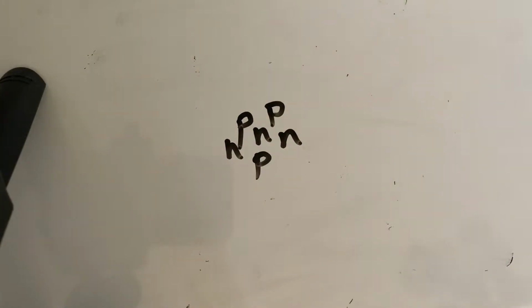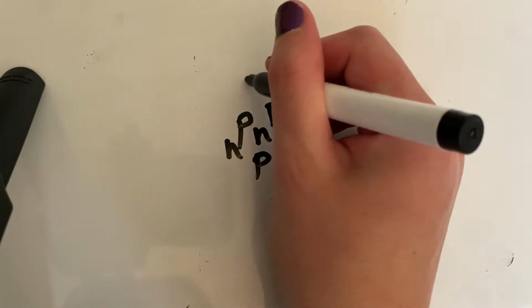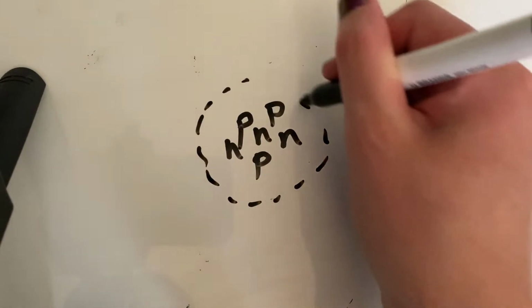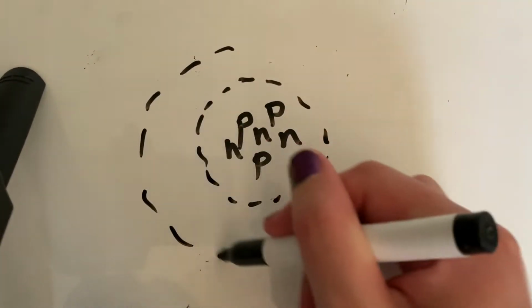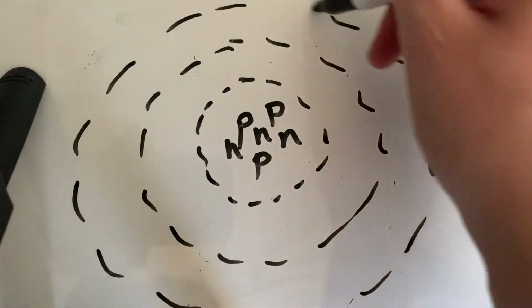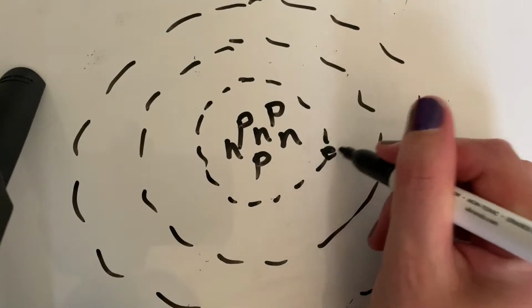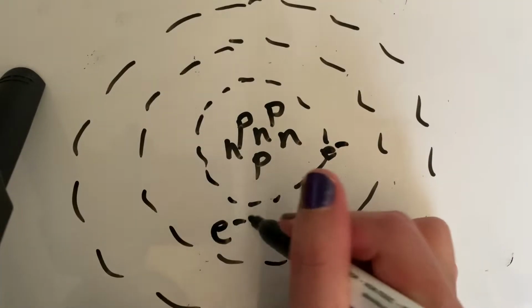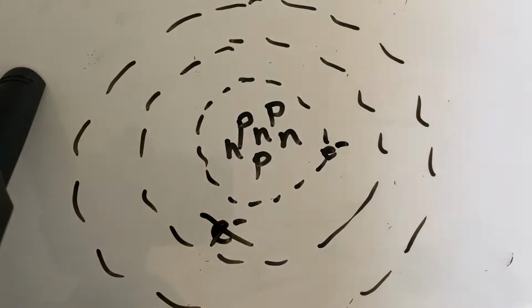We can call those locations energy levels. You can think about drawing a circle around a nucleus, and these concentric circles form the different energy levels that an electron can be at. So you could have an electron here, but you couldn't have one here because it's in between energy levels.